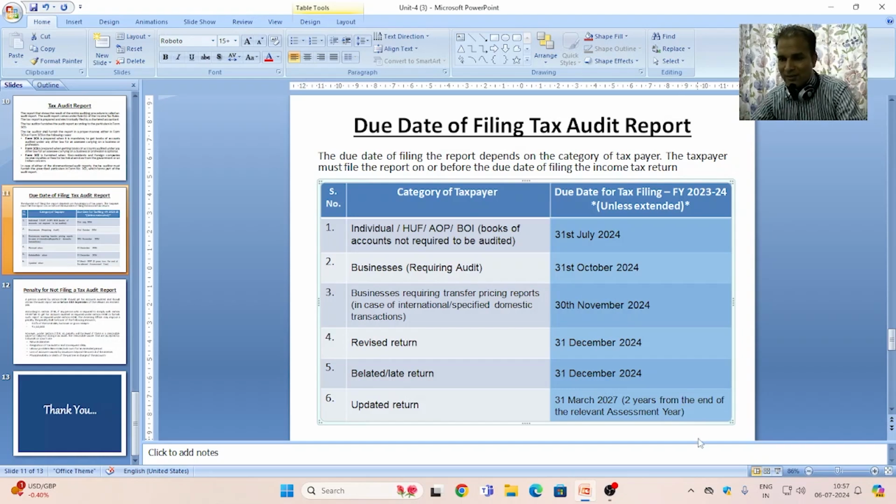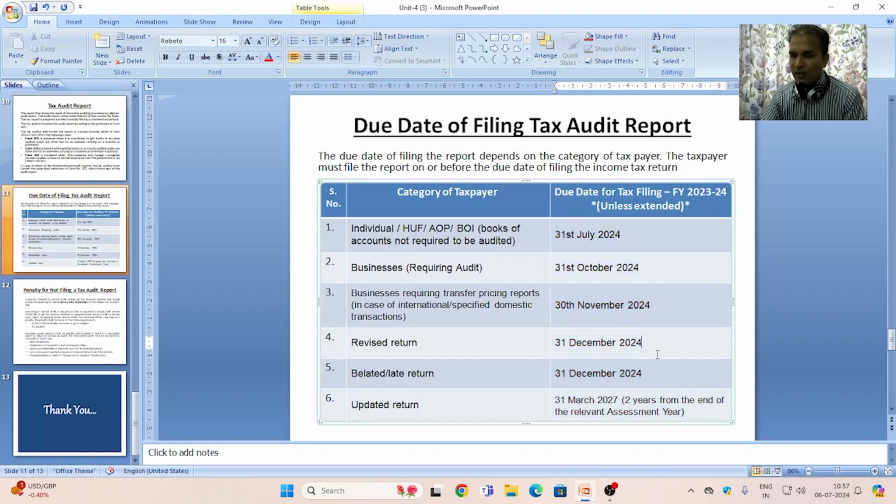And all these dates are based on financial year 2023-24, that is assessment year 2024-25.